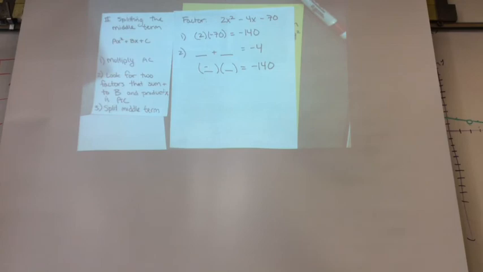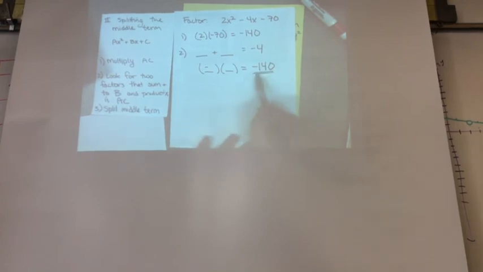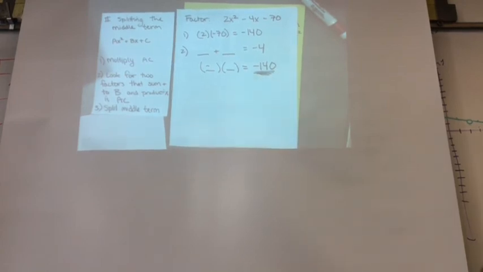I immediately go to this number right here and start thinking, what are two numbers that multiply to 140? There's 70 and 2. There's, I don't know, 35 and something. Let's see, but the easiest I think of, since I have a 0 here, is some multiple of 10. So I wanted to check that one first.